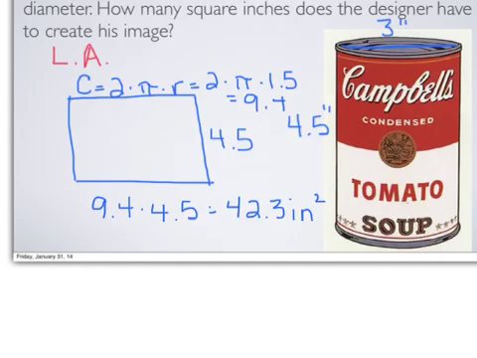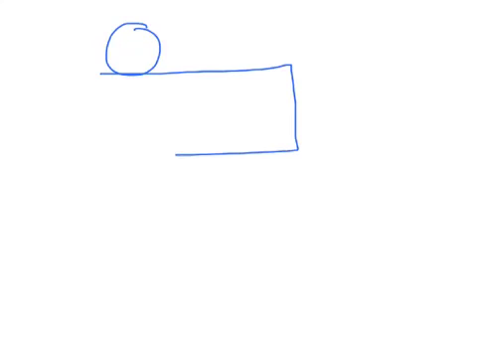Just to drive home that point again, if I took this apart and made it a net, you told me that this would just be the height of the cylinder, right? This would be the height of the cylinder.